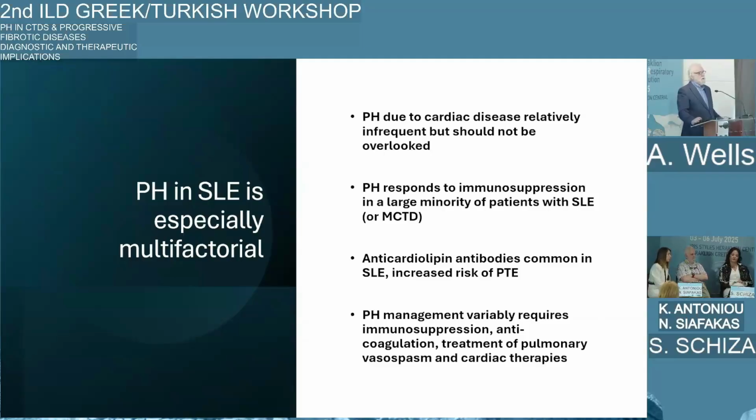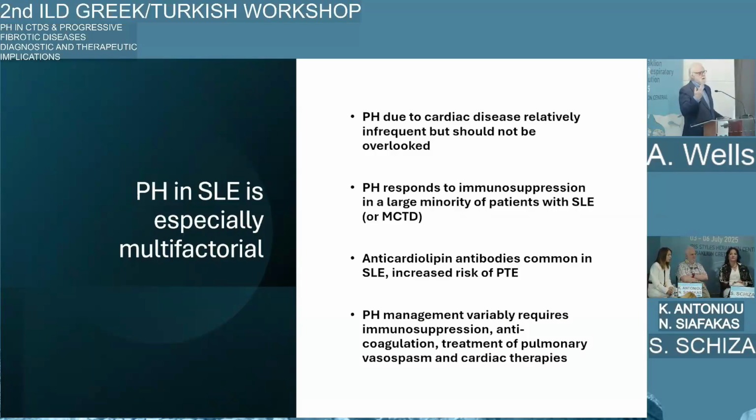I'm just going to touch on a few isolated things. The one that I have least certainty about is pulmonary hypertension in lupus. Direct cardiac disease is quite rare, but you shouldn't overlook it. But this is a disease in which it seems that in a significant minority, and in the older studies, mixed connective tissue disease, you can add to lupus, you get responses in some patients, major responses to anti-inflammatory therapy.